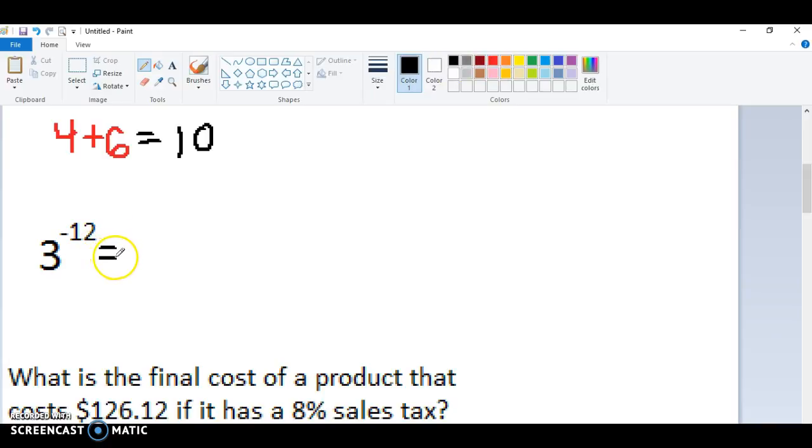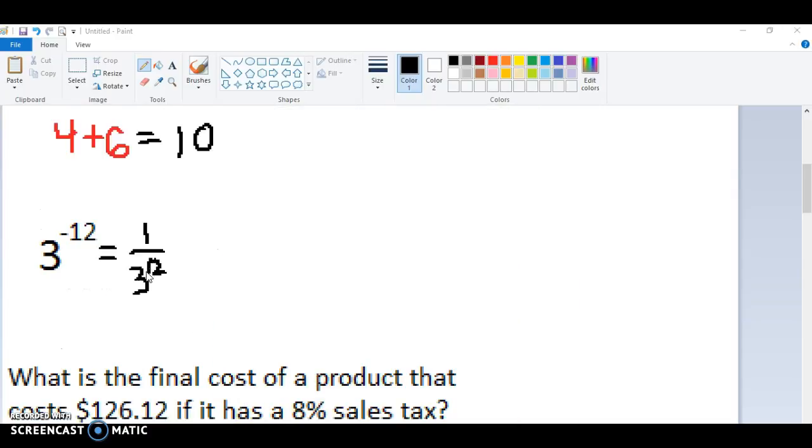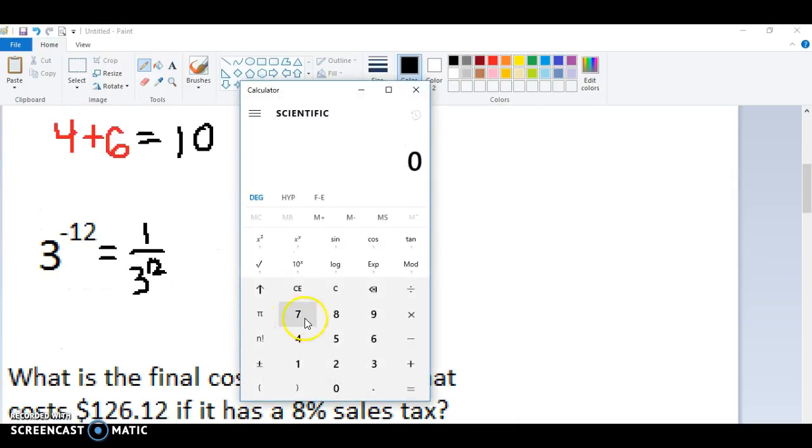Alright, so this question appears difficult. We have a power but with a negative sign. And all this means is that this is supposed to be in a denominator. So we need to rewrite it like that. So we have a fraction, 3 to the 12th, in the denominator now, and 1 in the numerator. And we need to compute this. So we can get a calculator out. Okay. And then on my calculator I have this XY button.